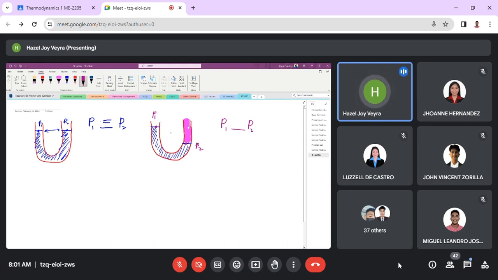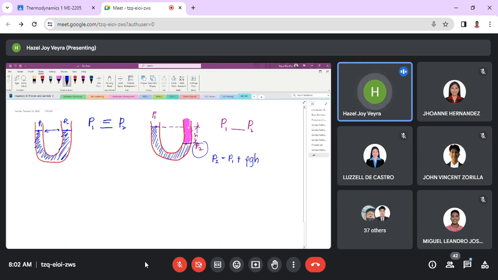Is P1 greater than P2 or P2 is greater than P1 in this case? You have here the height h. So when you see a manometer like this, class, solving for P2, for example, we're asked to solve P2, no? So P2 will be equivalent to P1 plus rho gh.